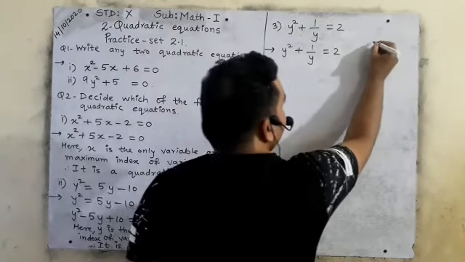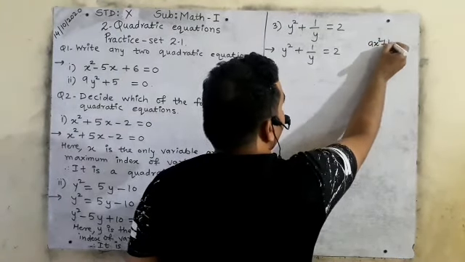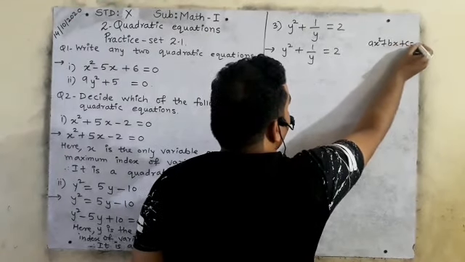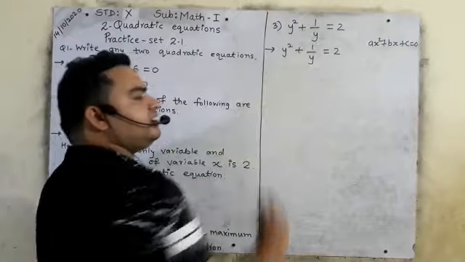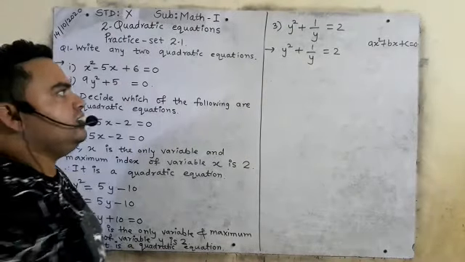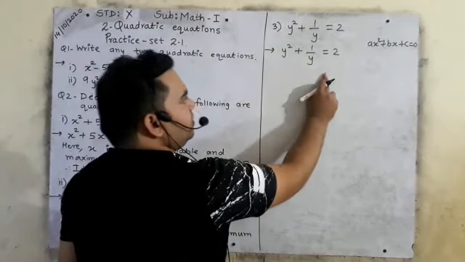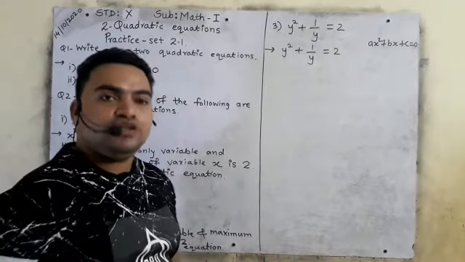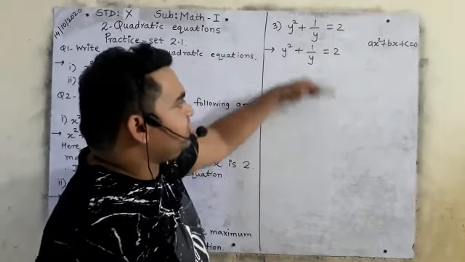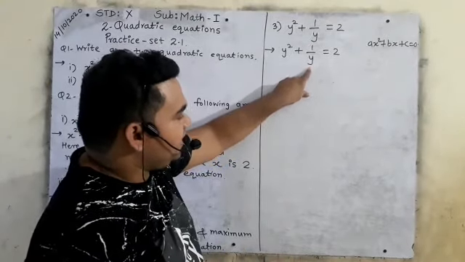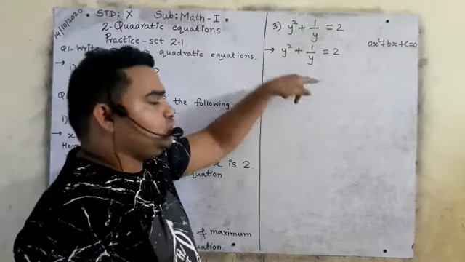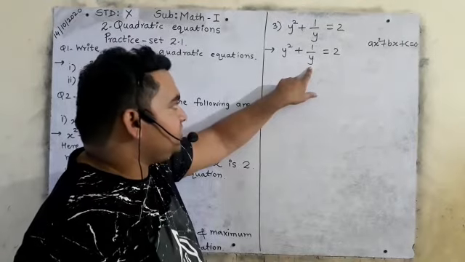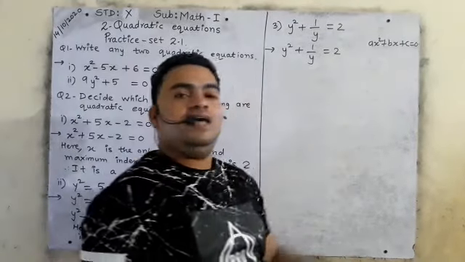What is the standard form? ax square plus bx plus c is equals to 0. Is any term in a rational form? Yes. So it is not in the standard form. So in this condition, whatever is the denominator, you will multiply the whole equation by that denominator.